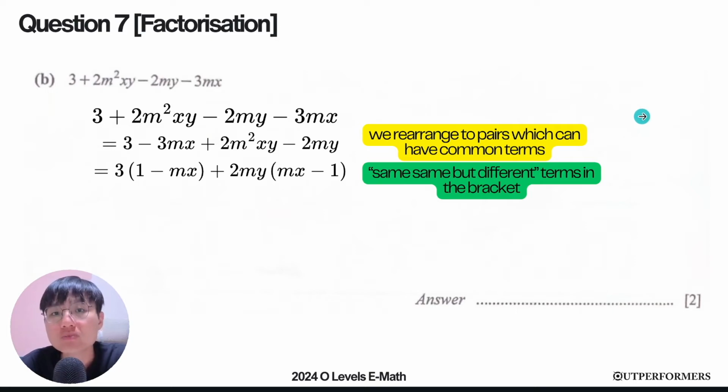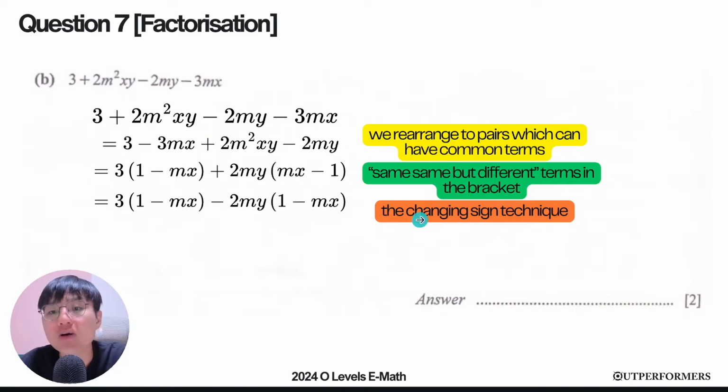Which means we can't continue with the grouping technique at this point. We have to do something else first, and that is your changing sign technique. One way to think about it is you are factorizing out negative 1 from these two terms.